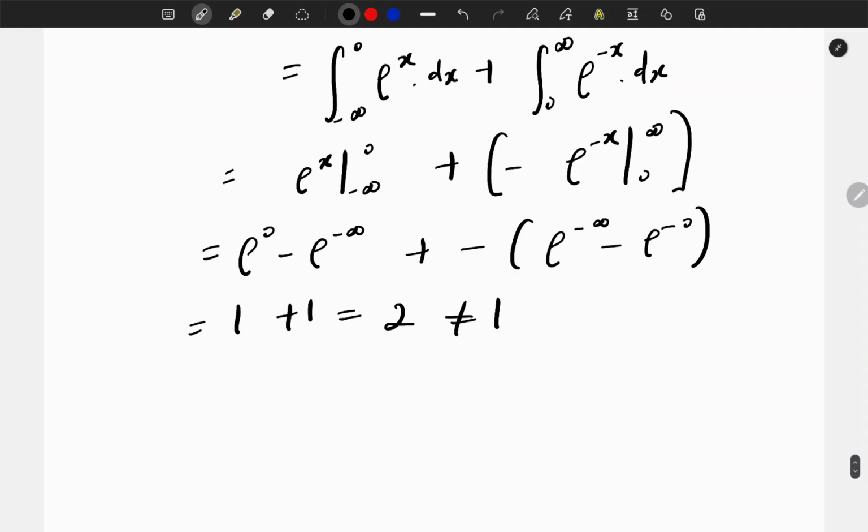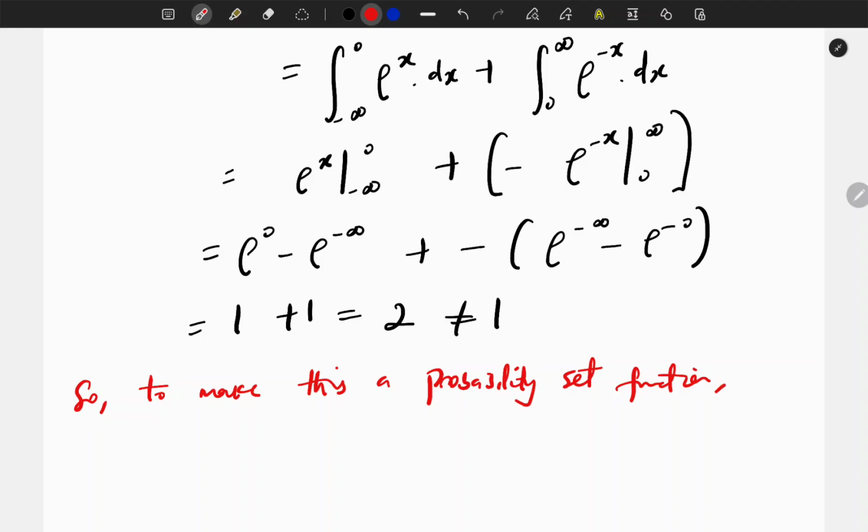So in order to make this a probability set function, we have to multiply it by 1/2.